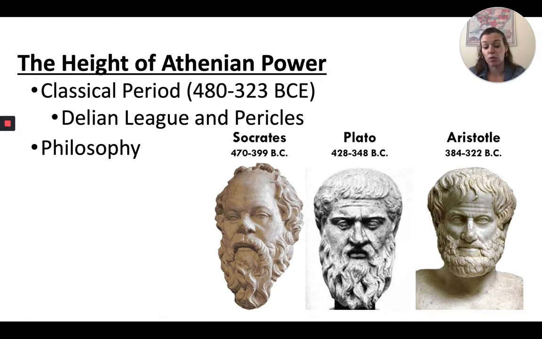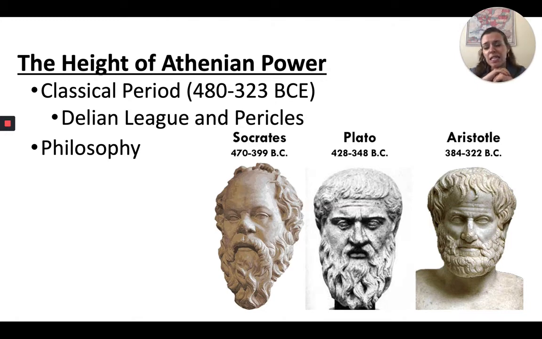Eventually, he's going to be arrested, tried, and executed. He is going to be blamed for a few of his students who tried to overthrow Athenian democracy. He actually wasn't a fan of democracy, but he's going to be blamed for teaching sophists who were believed to be contradicting traditional religious beliefs and thus undermining morality.